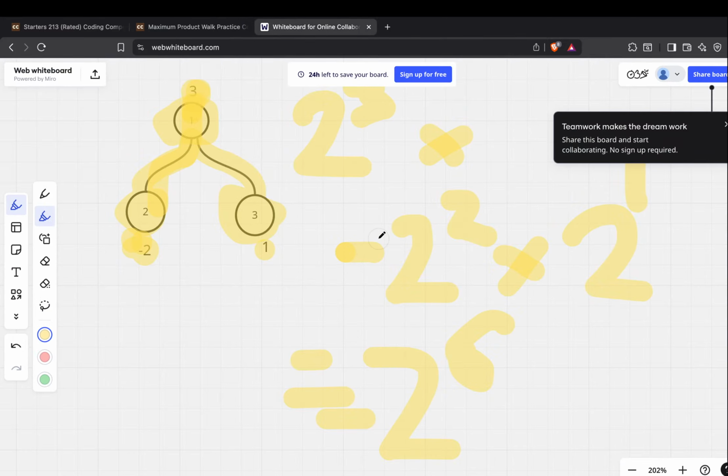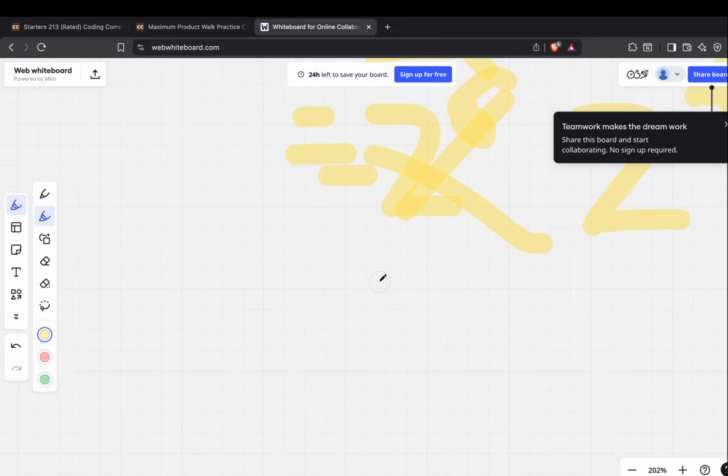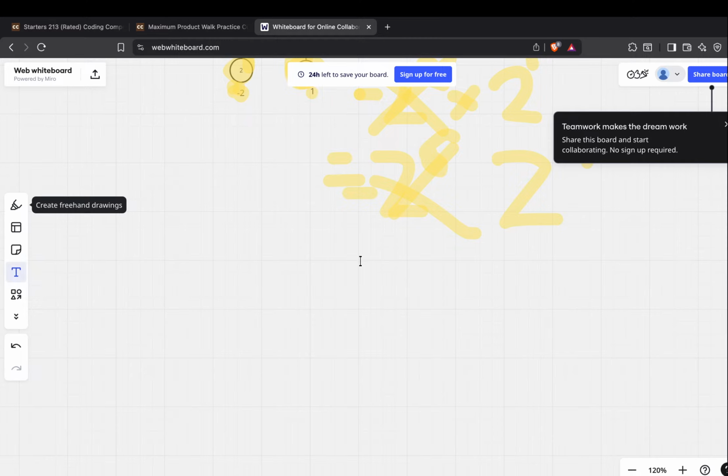Since our score is negative, we could have just not chosen this particular node and moved to this node and this node. Then our answer would have been 2 to the power 4, which is the maximum possible. So what is the intuition that comes to your mind reading this question?